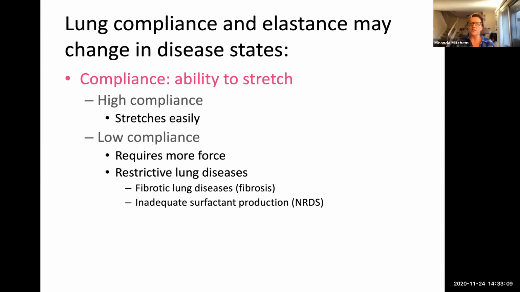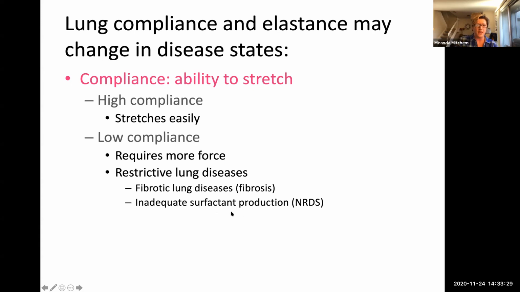So restrictive diseases are not diseases we really want to be treating after the fact. They are diseases that we want to try to prevent and manage prior to the development of fibrosis. These can develop when surfactants aren't there.